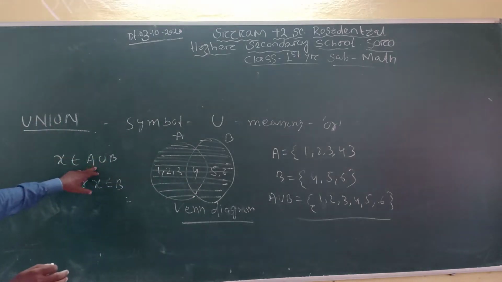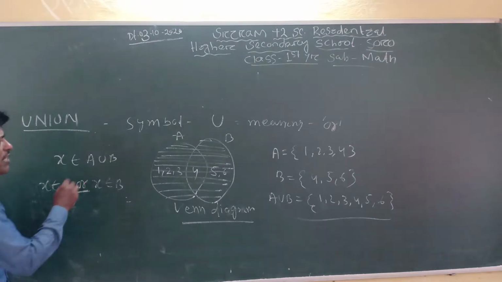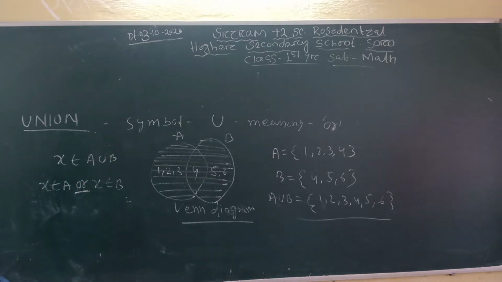But in the case of union, that is called OR. Remember that part, it is very important for your further study. For union we use OR. So that is the Venn diagram of union.